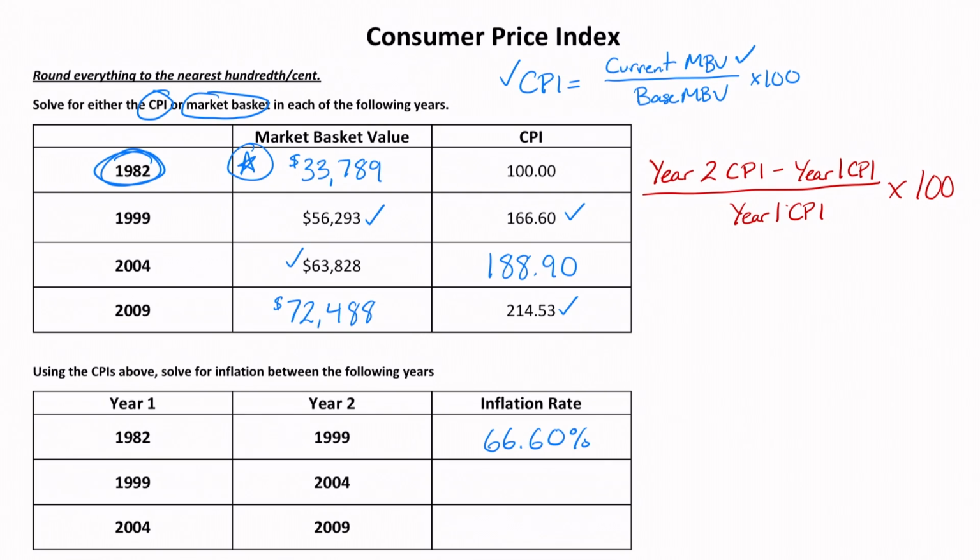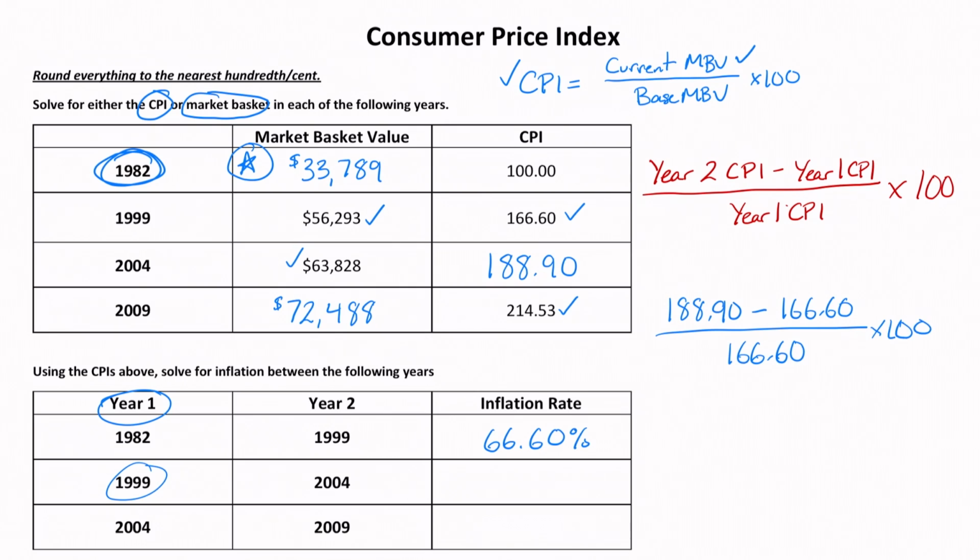Let's take a look at this next one, 1999 to 2004. So our year 2 in this case is the later of the 2 years, 2004. And the CPI in that year was 188.90. So that's year 2 CPI minus year 1 CPI. Year 1 CPI was the earlier of the 2 years. 1999 was the earlier of the 2 years in this case. So we do minus 166.60 divided by 166.60 times 100.